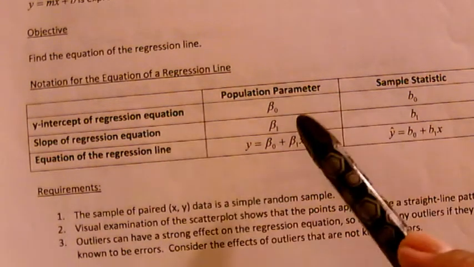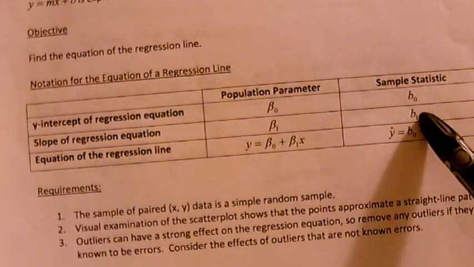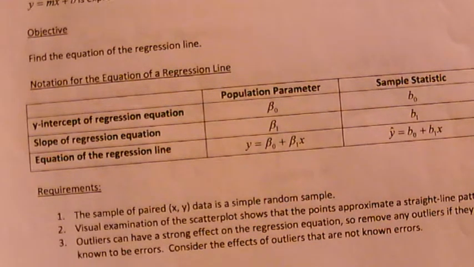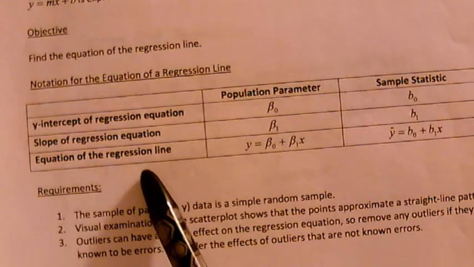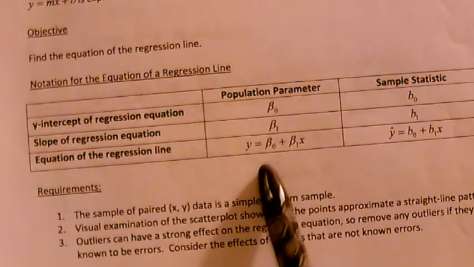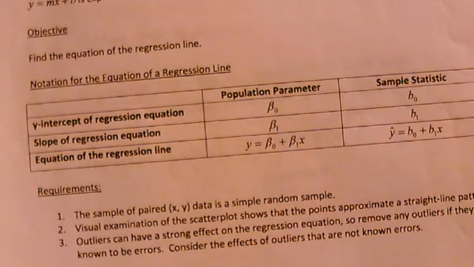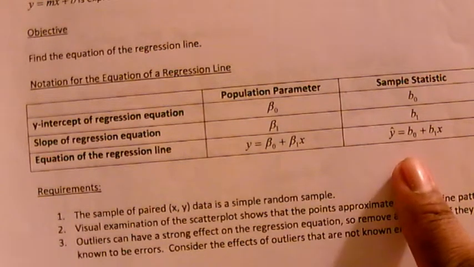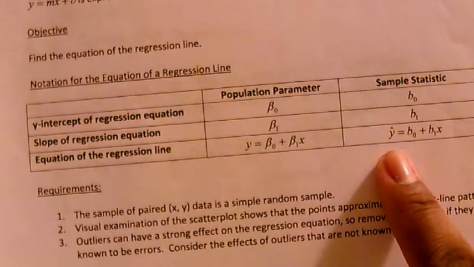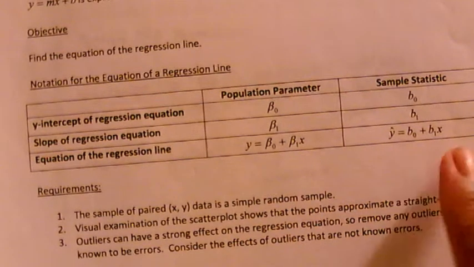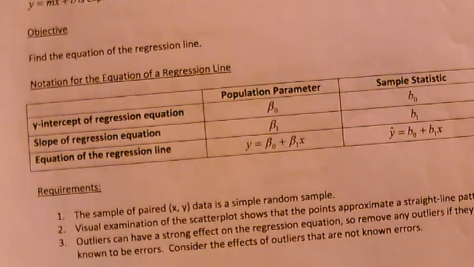And the slope of the regression equation is beta sub 1, where for the sample statistic, it's b sub 1. Now for the equation of the regression line, if you're dealing with a population parameter, it's going to be y is equal to beta sub 0 plus beta sub 1 times x. For the sample statistic it is y hat, that's equal to b sub 0 plus b sub 1 times x.